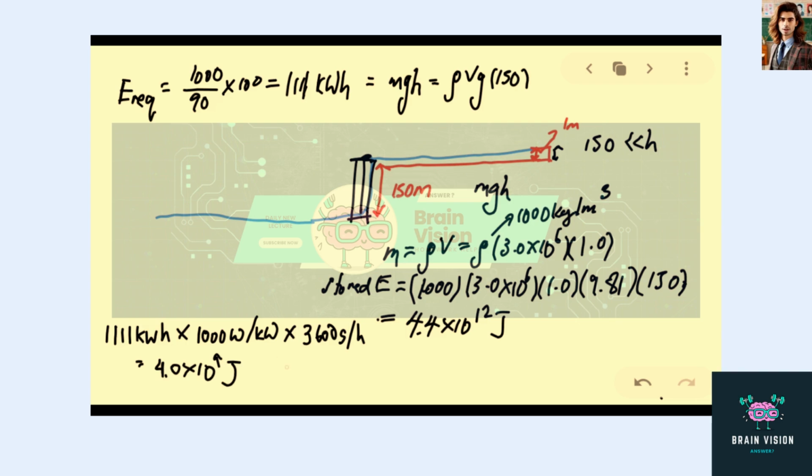We equate this to rho V times g times 150, and from here we can extract the volume of water that is required, which is 2.7 times 10 to the power of 3 meters cubed.